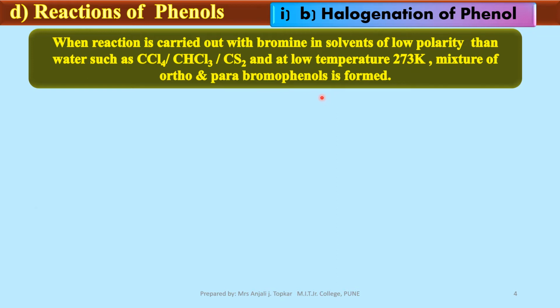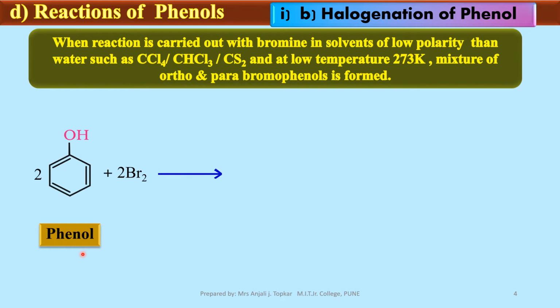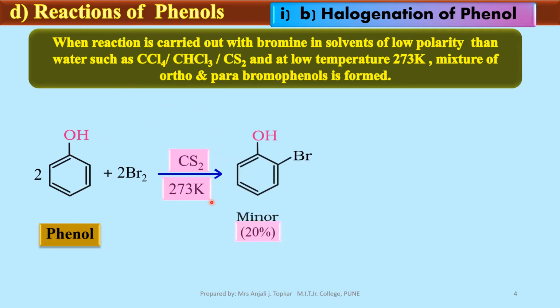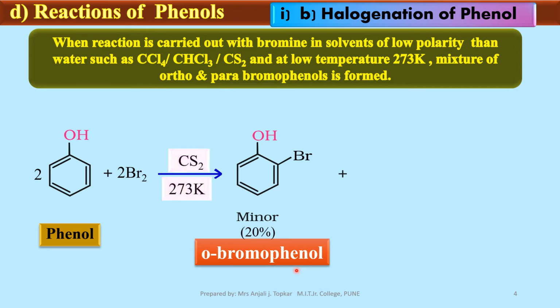This is phenol. When it is treated with bromine in the presence of low polarity solvent, which is CS2 here, carbon disulfide, at 273 Kelvin, it forms orthobromophenol and parabromophenol.